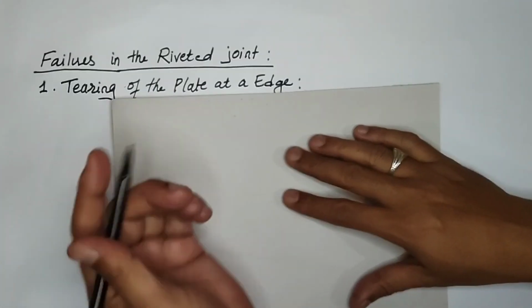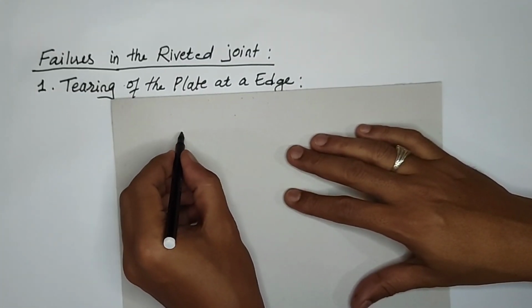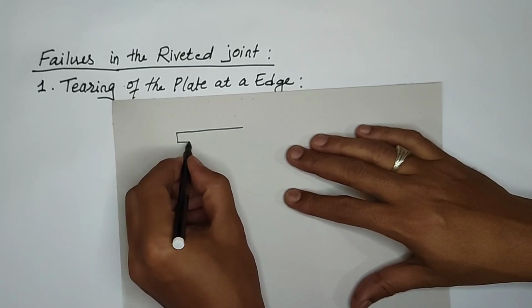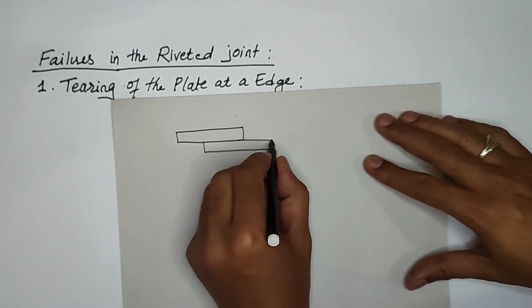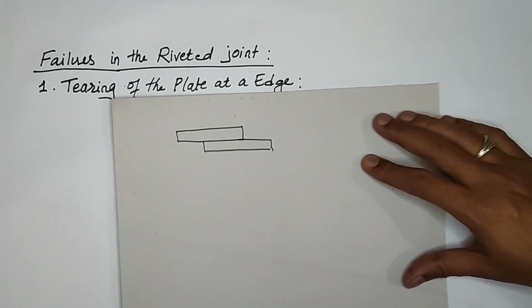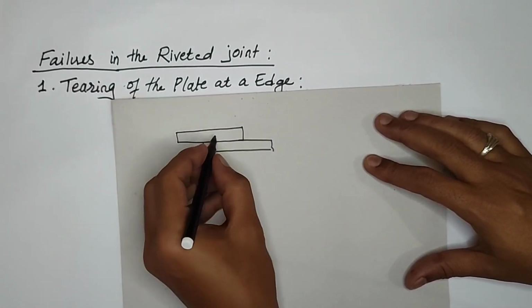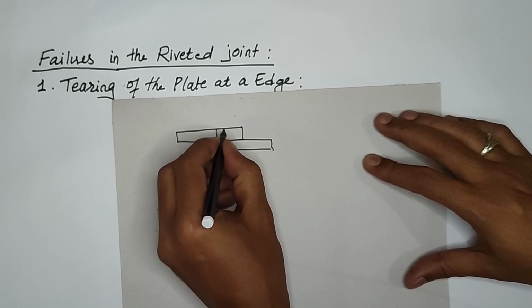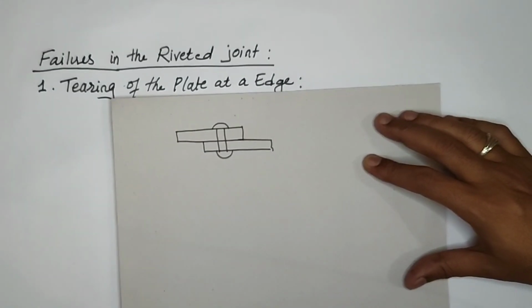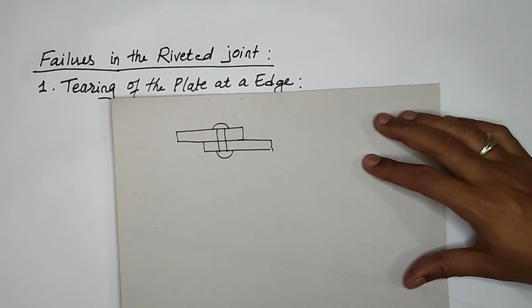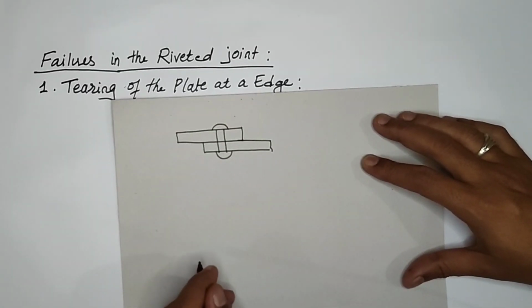For example, if you have a lap joint, lap joint means there are two plates which overlap each other, and a rivet is done here. The riveting is done to the lap joint.